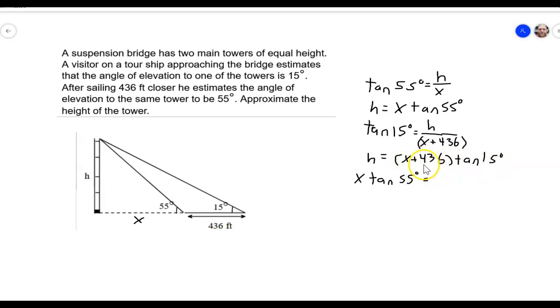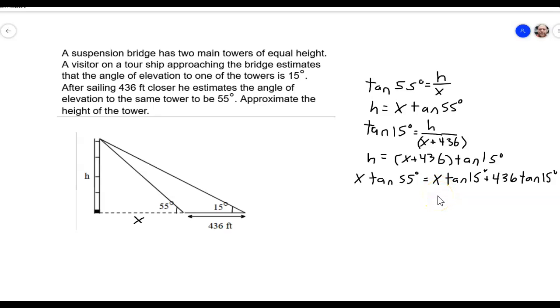So this times this plus this times this using distribution is equal to x tan of 15 degrees plus 436 tan of 15 degrees.